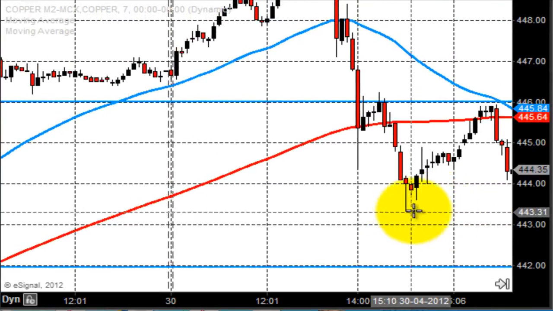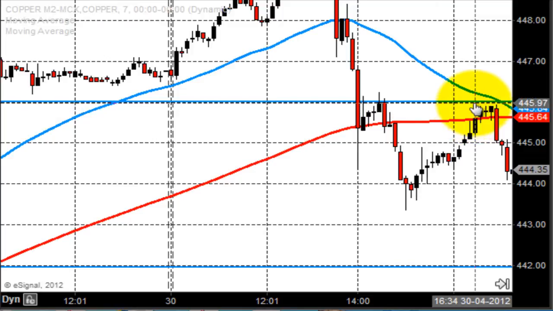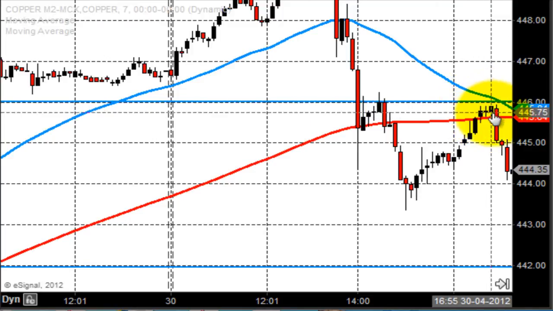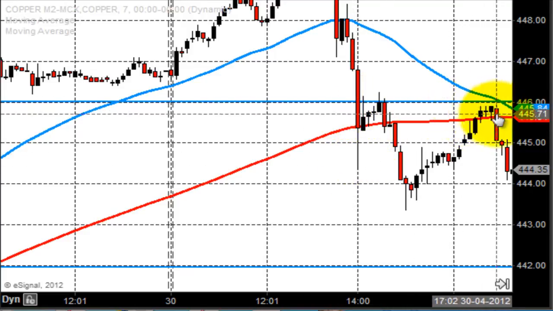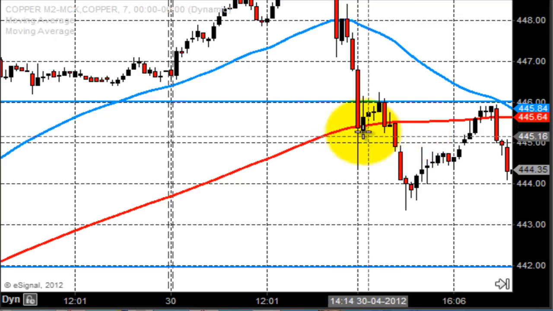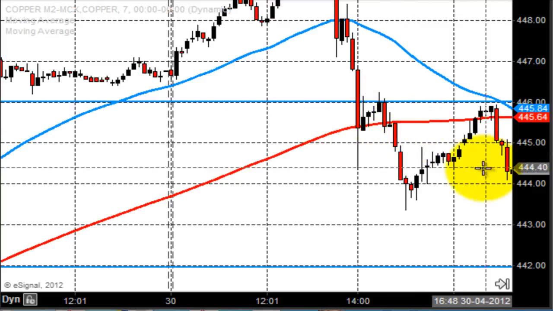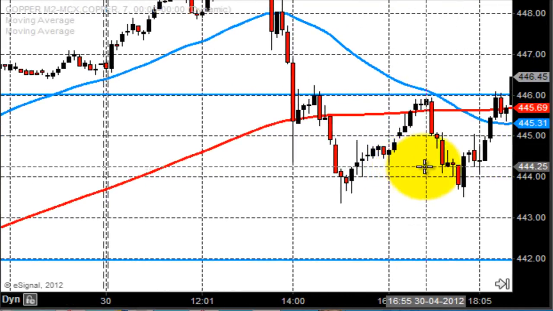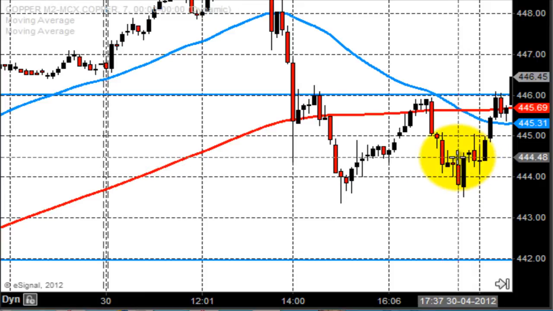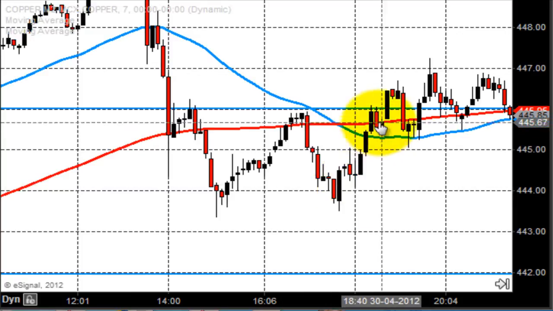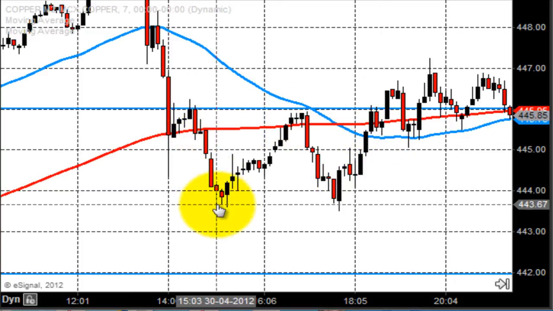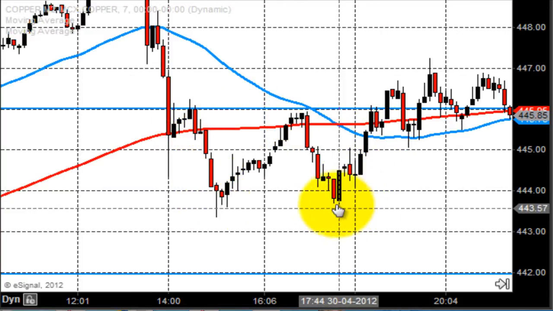After taking this, you can see that the market is resisting around 446. You can see a resistance here. It has tried to climb higher, and then again it is forming a resistance. Why we are explaining the support and resistance is that since we have moved to the next contract, we need to be familiar with this support and resistance for this contract. After consolidating here for a long time, you can see the market took the support around 443.5, and again it took the support.